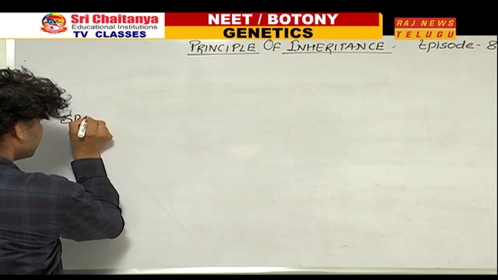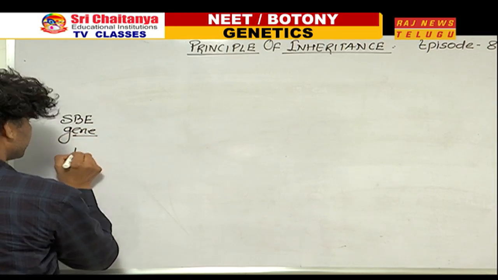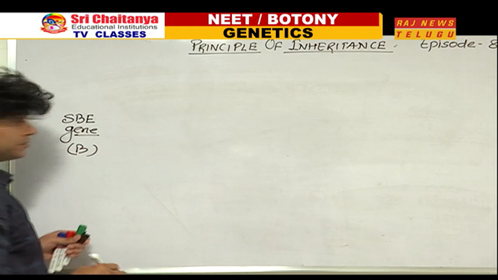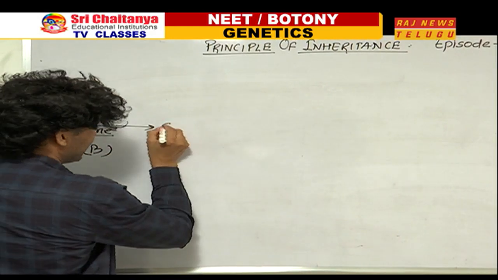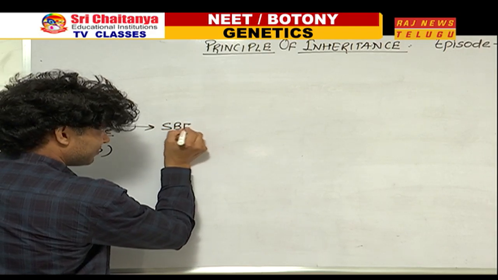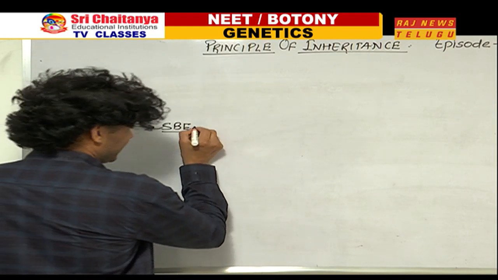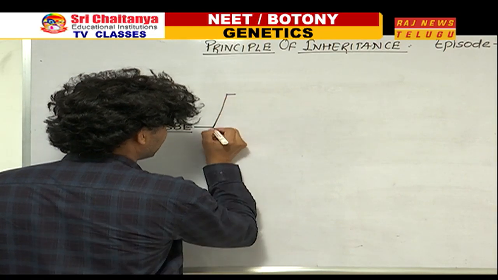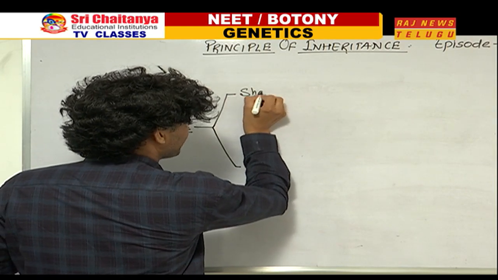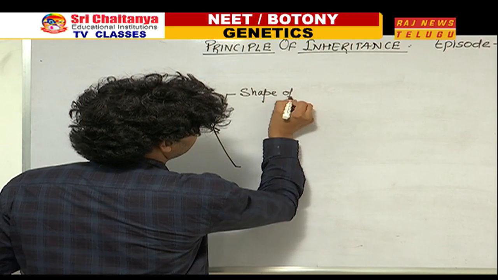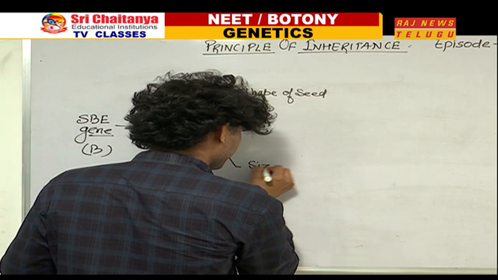The starch branching enzyme gene, suppose I denote it as capital B, when it goes through the process of transcription and translation, gives rise to the starch branching enzyme. The starch branching enzyme, if present, will regulate two phenotypes: the shape of the seed as well as the size of the starch grain.